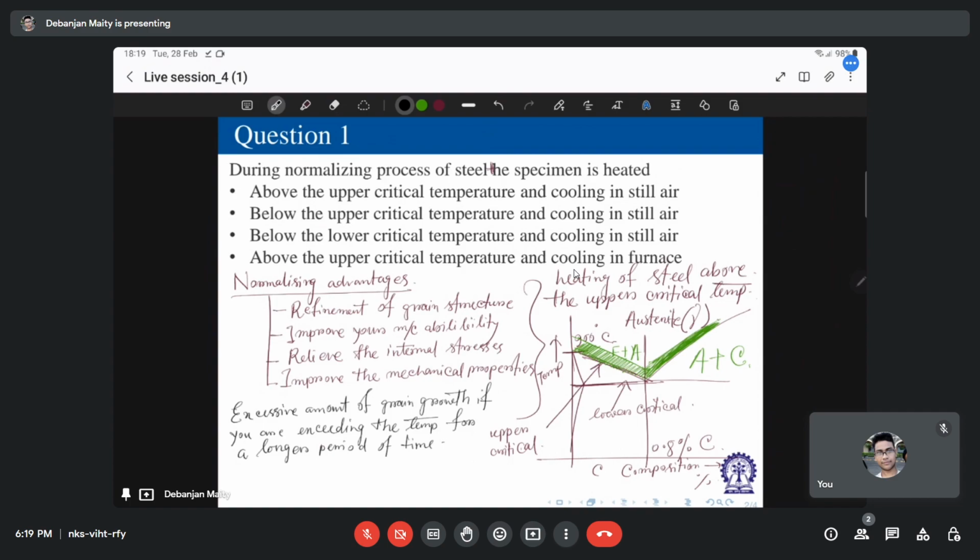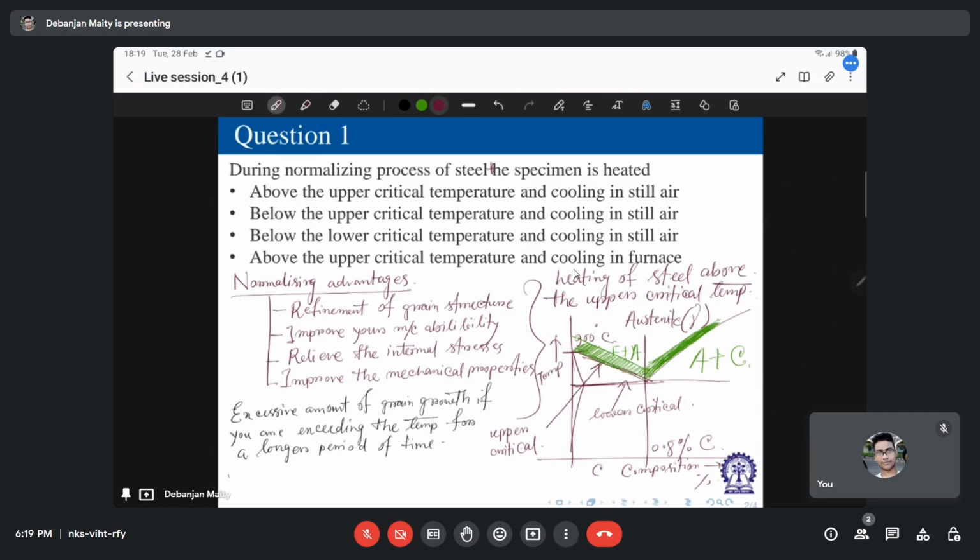After the desired holding time has elapsed, the components are cooled in still air. So what is the resultant microstructure? The resultant metallurgical structure is composed of fine pearlite with ferrite in hypoeutectoid steel.